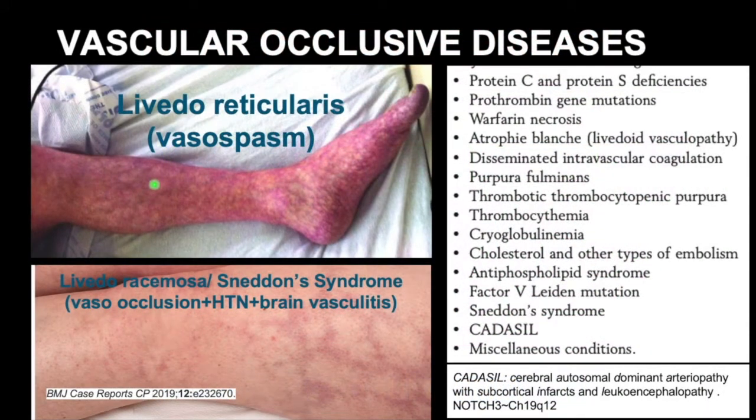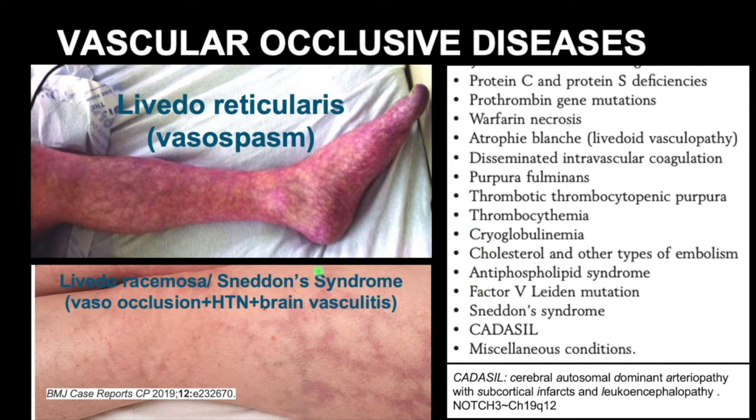So this group is vascular occlusive disease, any lesion that will cause blockage. If you look here into the different lesions: protein C and protein S deficiencies, so anything that will affect coagulation, prothrombin gene mutations, warfarin necrosis, and so forth.